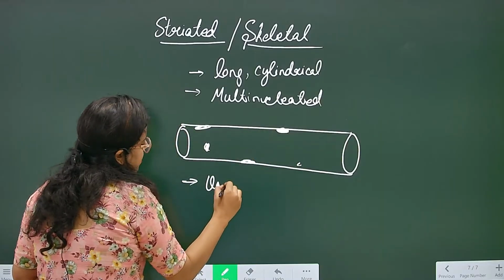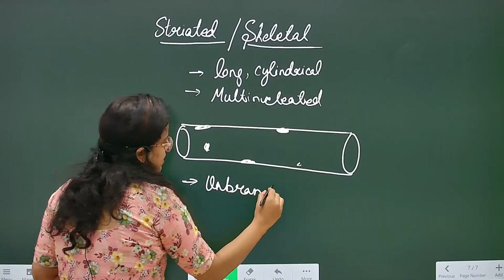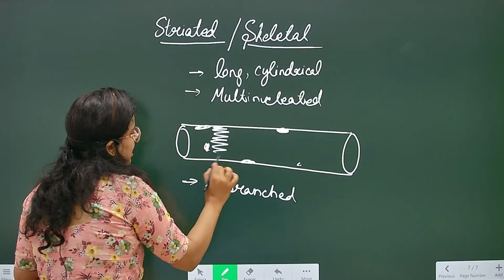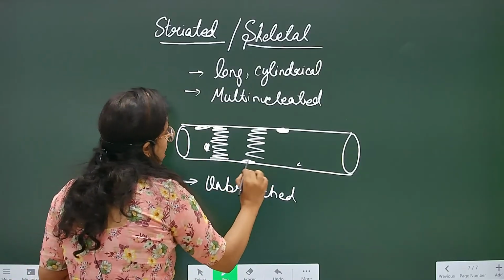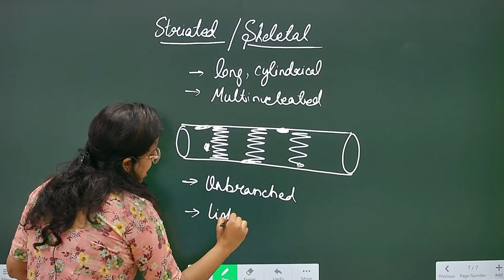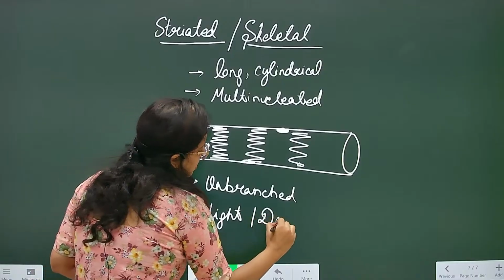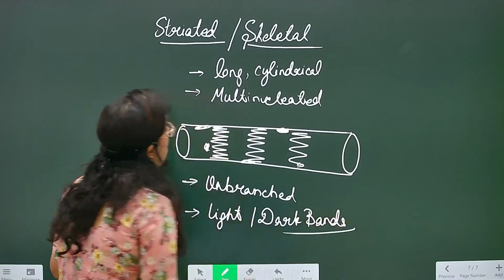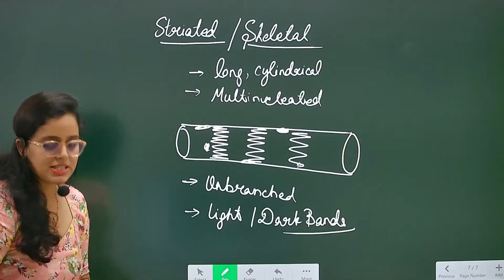Unbranched, they don't have branches. What else you can see? They have light and dark bands. As a result, the muscles are called striated muscle fibers.